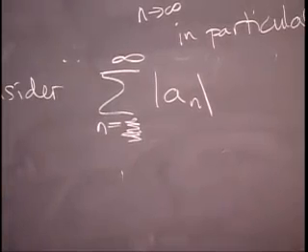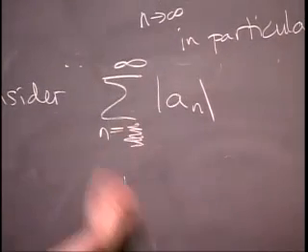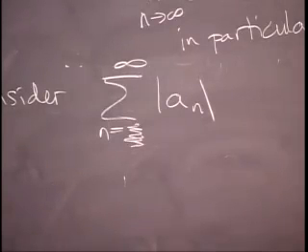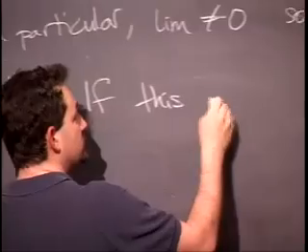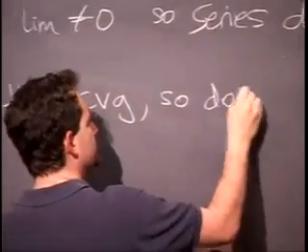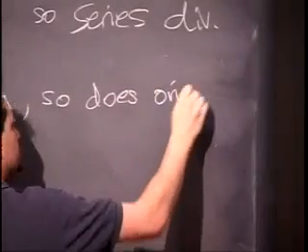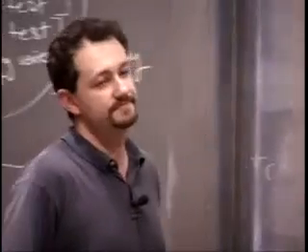Well, that's a positive series. All the terms are positive, so you can use comparison, p-test, limit comparison, and ratio, any of the tests if you like on this. If this new series converges, so does the original. That's what the test says, the same as improper integrals.